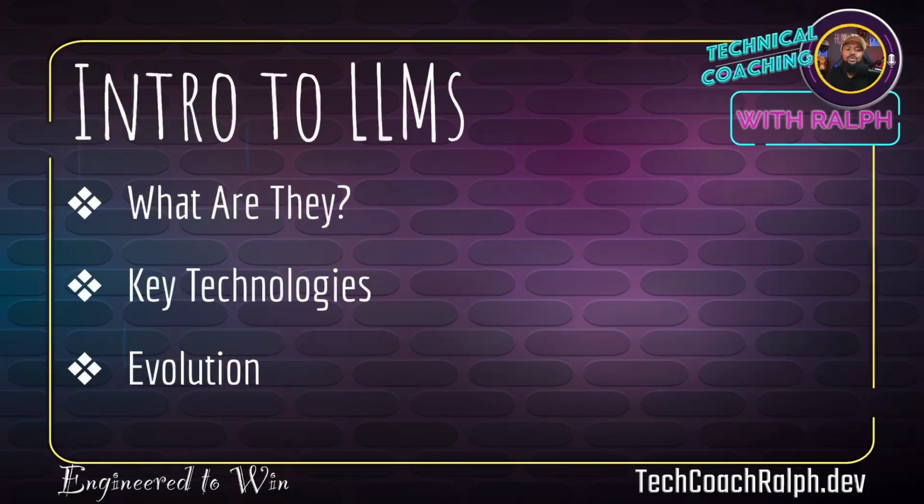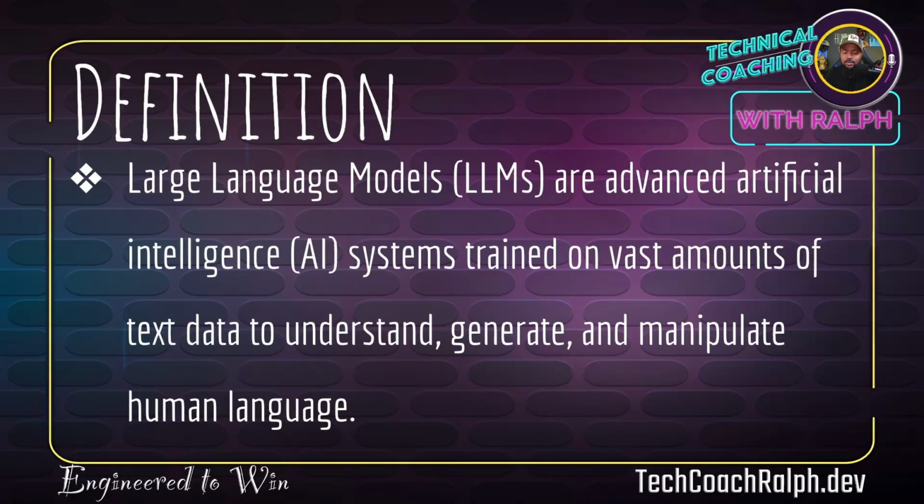So, intro to LLMs, large language models. We're going to talk about what they are, the key technologies, and the evolution of LLMs. The definition of a large language model: they are advanced AI systems trained on vast amounts of text data to understand, generate, and manipulate human language, right?